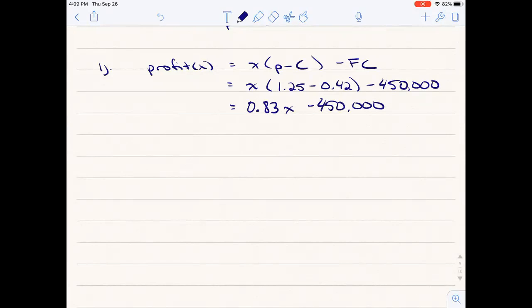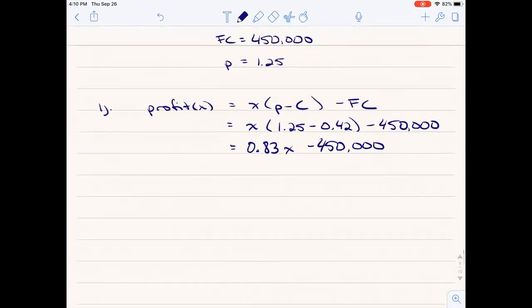So to break even, they need what, 83% of that 450,000? Sort of, yeah, because it depends on the number of units, X. But we'll get there.